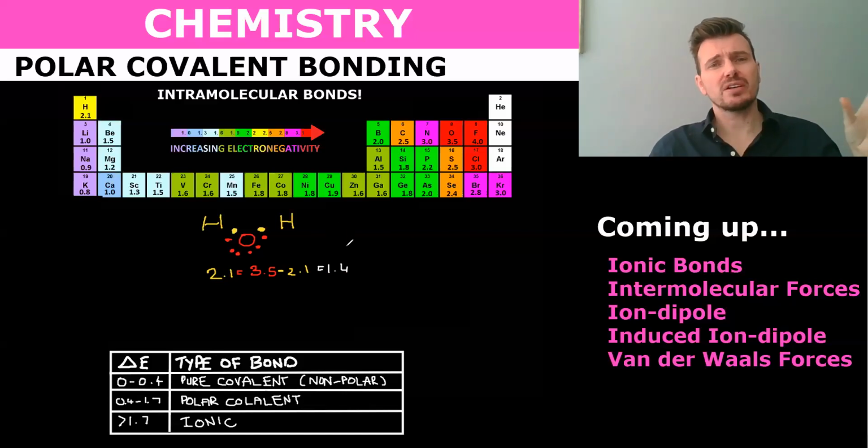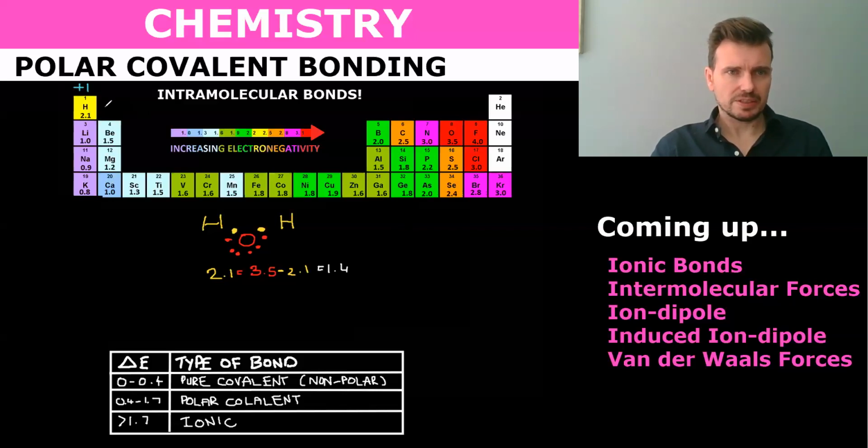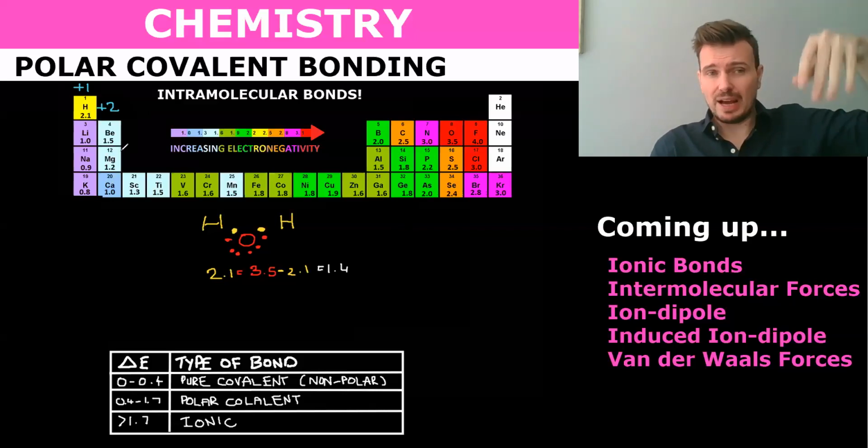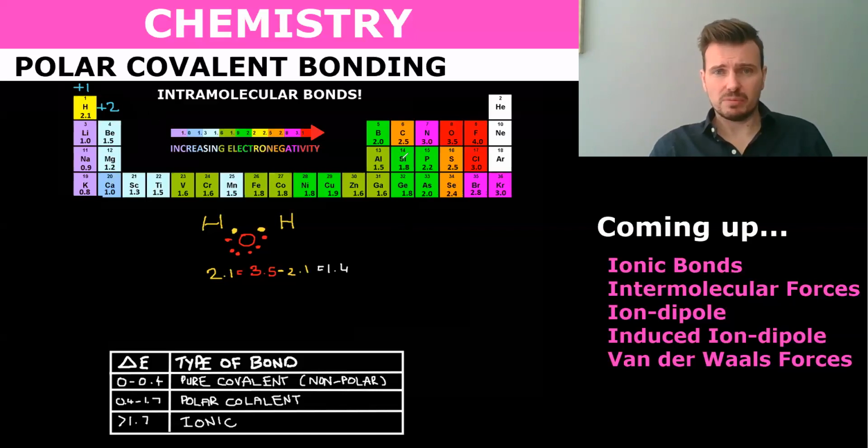But there is another way of doing it, and that is by drawing the molecule. If we look at H, H has got a slightly positive charge. In the first periodic table video, I looked at this +1, +2. I'm going to put a link to that video now so you can go back and have a look at why this is +1 and +2, and then this is -1 and -2.